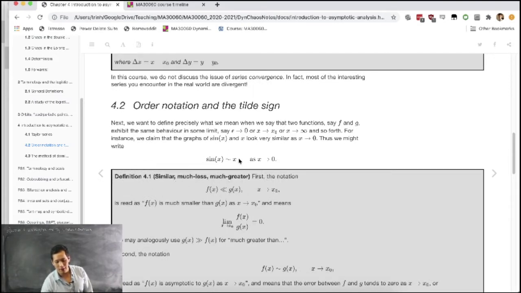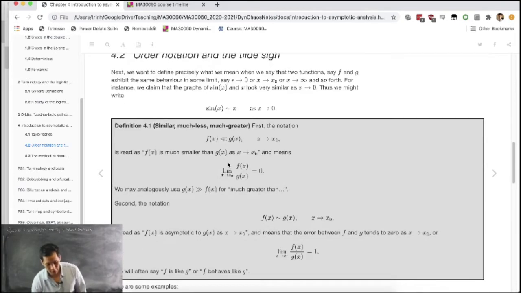The example that I gave involving L'Hopital's rule is very similar to the inspiration behind this notation. You want to state that the behavior of x is similar to the behavior of sine x as x tends to 0. So this inspires you to introduce this tilde notation, this squiggly notation, okay? Right, so the definition is as follows.